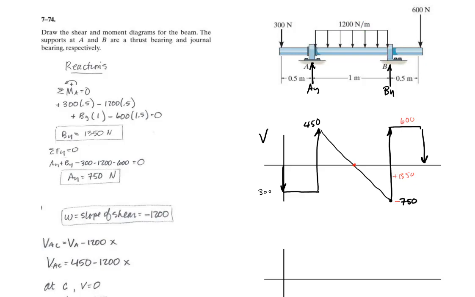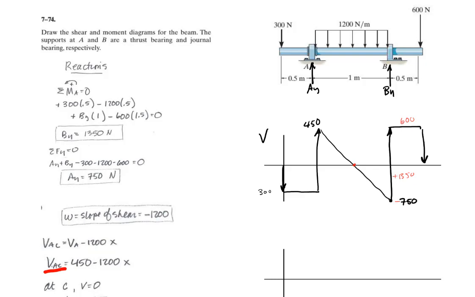So I can say that V between A and B, or between any place here, but between A and B, is going to have this function. It's going to say the shear is equal to what the shear is at the beginning minus 1200x. Okay, so here's my shear equation.